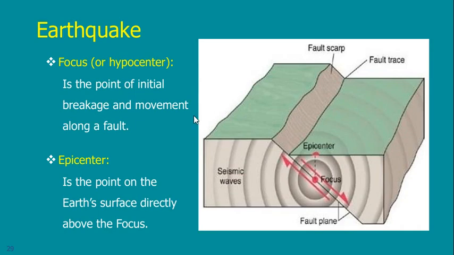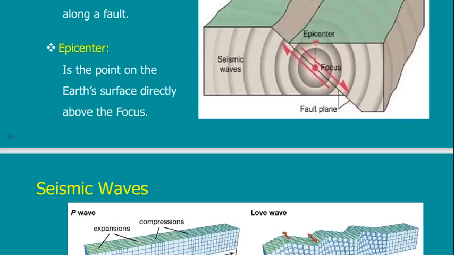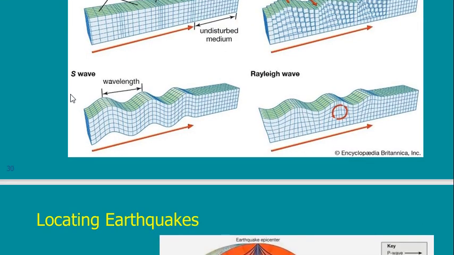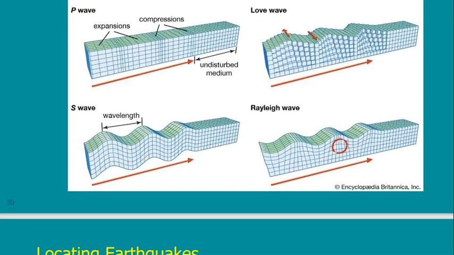For earthquakes, we have to know what is the focus of the earthquake, which is the point of the initiation of the earthquake, where the energy was released. The epicenter is the projection of this point on the surface of the earth. These are important things. What are the waves resulting from the earthquake?